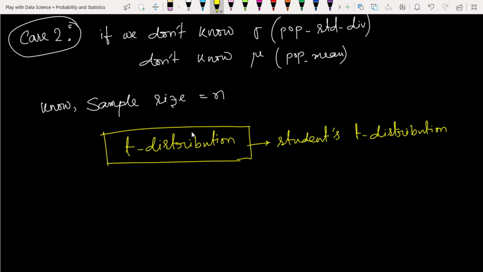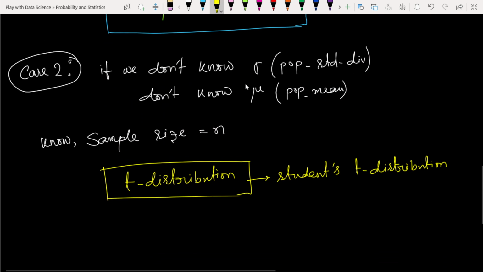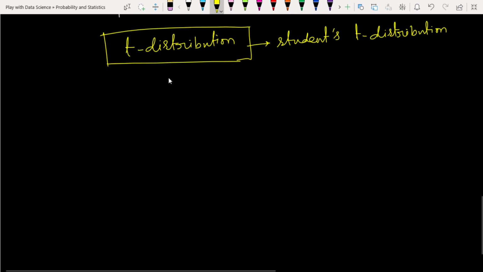So if you don't know the population standard deviation and the population mean, then in such a scenario we will use the Student's T distribution. The Student's T distribution tells us that our sample mean, x bar, which we have already known, follows the Student's T distribution with n minus 1 degrees of freedom.